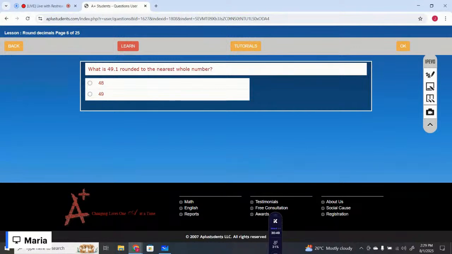What is 49.1 rounded to the nearest whole number? That is 49.